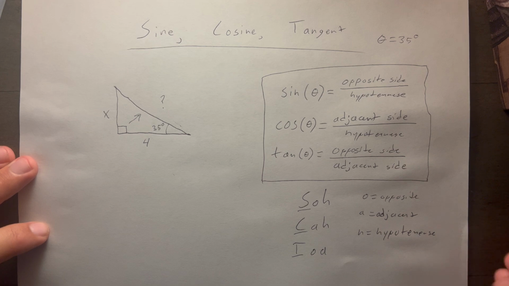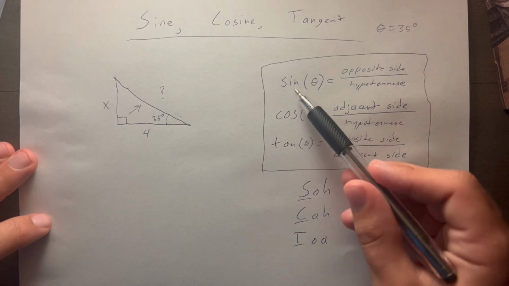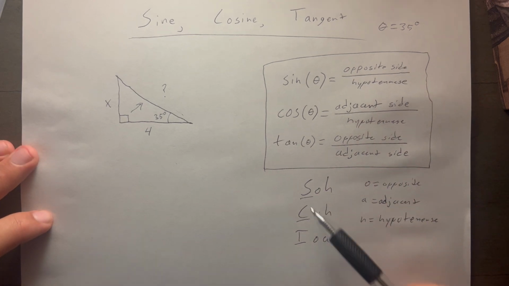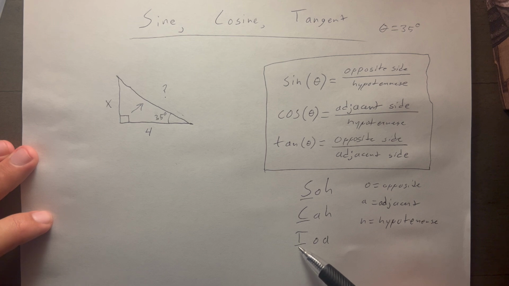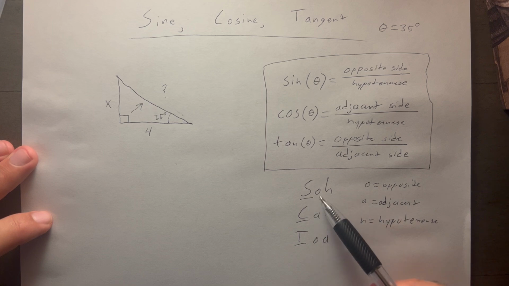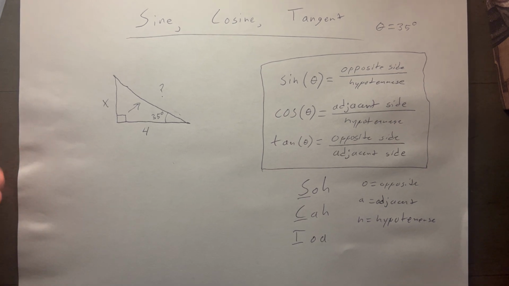Remember that all of these, it's a function equals a fraction. So the first letter is the function, so sine, cosine, tangent, and then it is the top and bottom, top and bottom, top and bottom. So sine is opposite over hypotenuse, cosine is adjacent over hypotenuse, tangent is opposite over adjacent. Okay, that's the way I remember SOHCAHTOA.